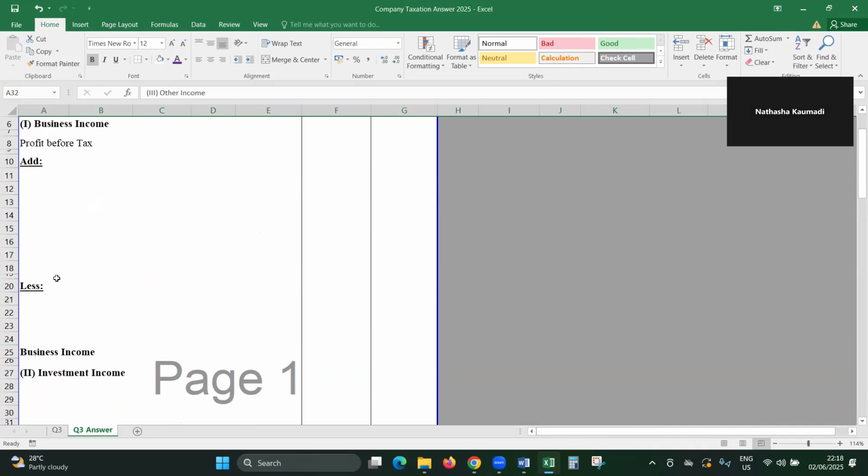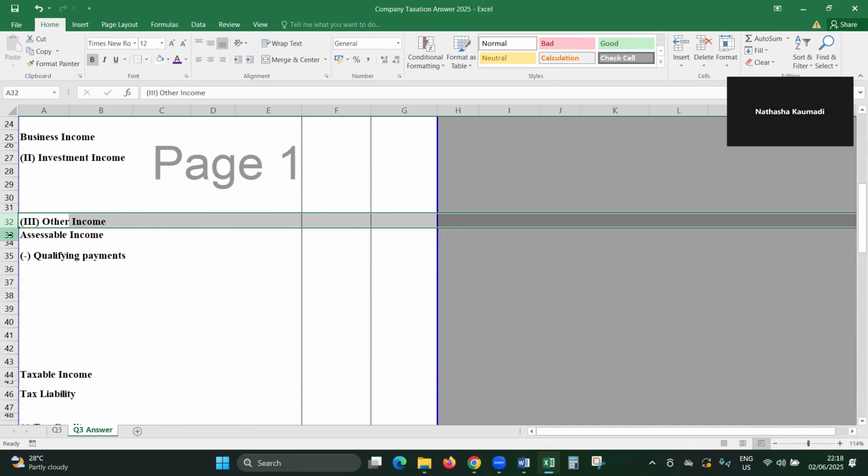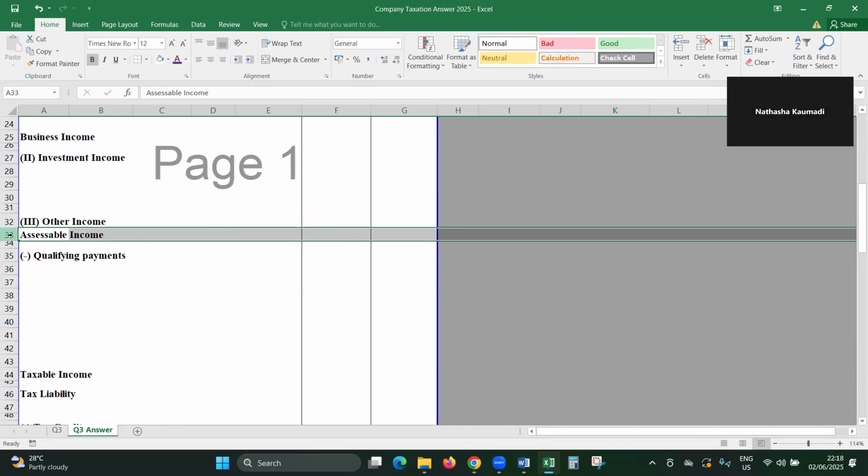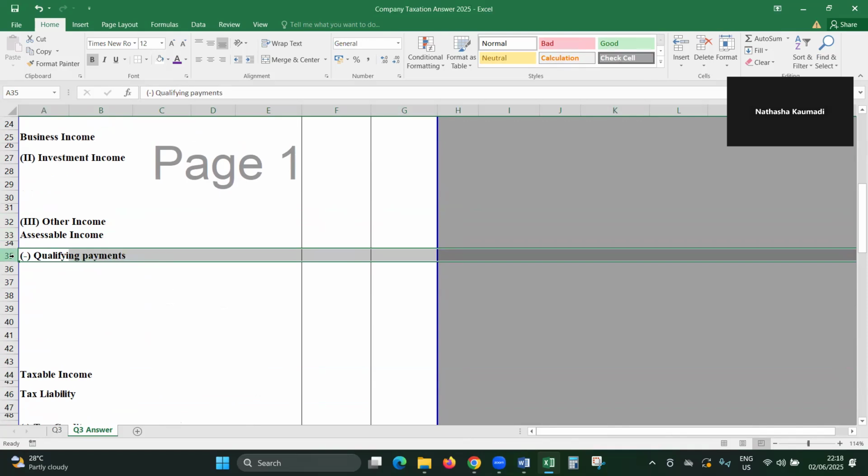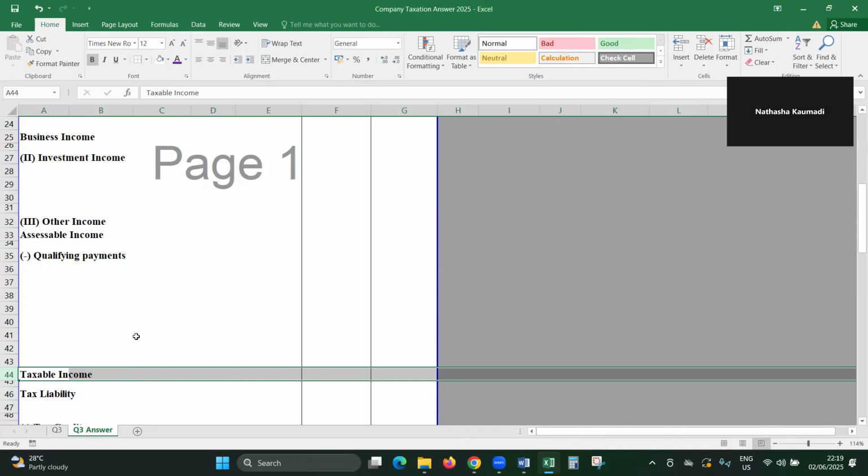More space. And then after that, I write the total of all these income sources, assessable income. And then from that assessable income, you deduct the qualifying payments. We discussed this last week, qualifying payments. When you deduct the qualifying payments from the assessable income, you have the taxable income.